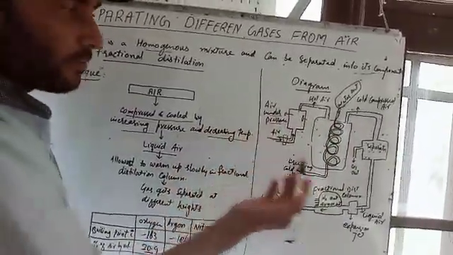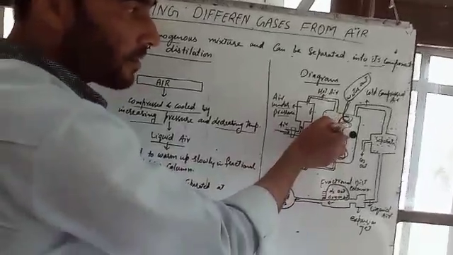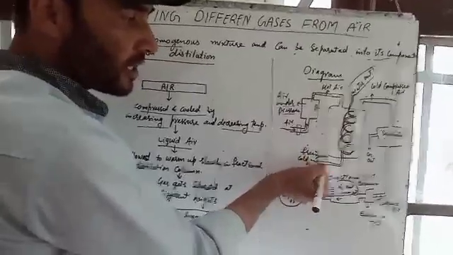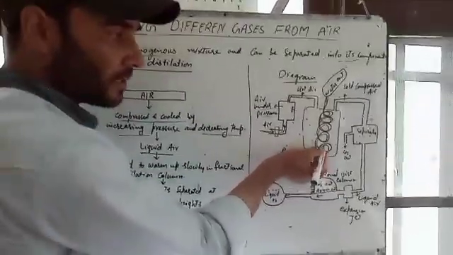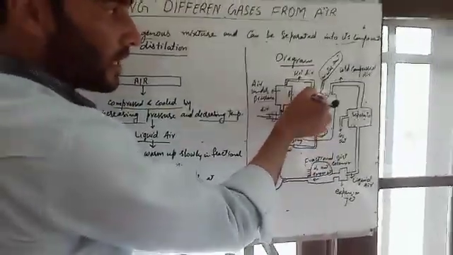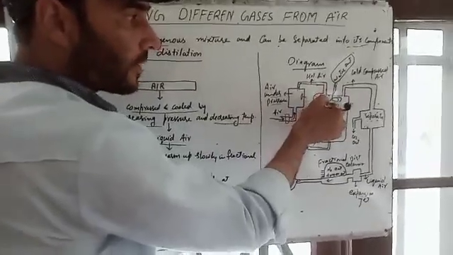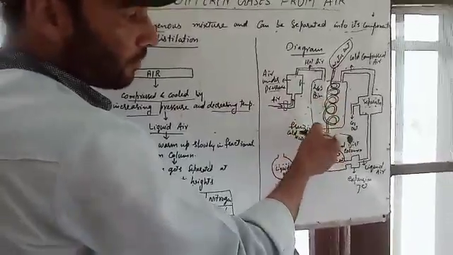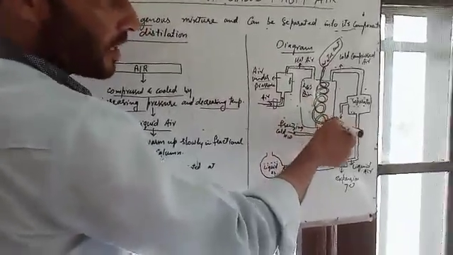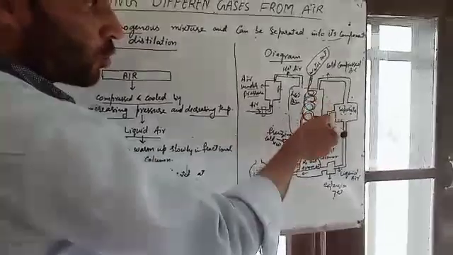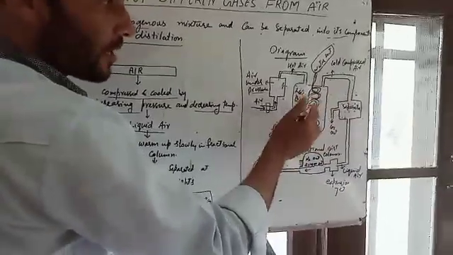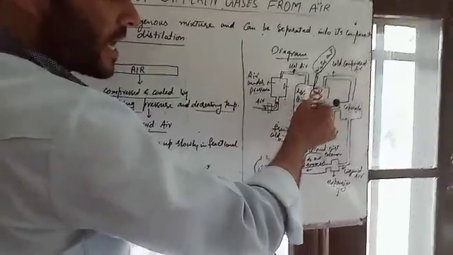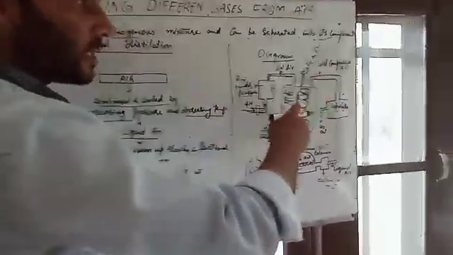How do we decrease the temperature? In this chamber we have an arrangement: freezing cold water is inserted into the chamber in a pipe, and in this chamber there is hot air. This hot air gets condensed due to the freezing cold water in the pipes. That means this cold water decreases the temperature of the chamber, so the temperature of the air is lowered.